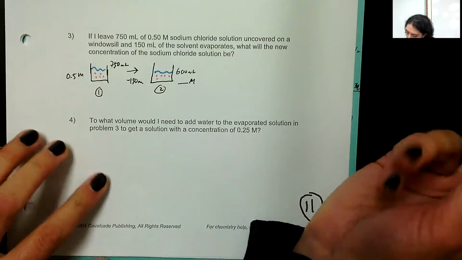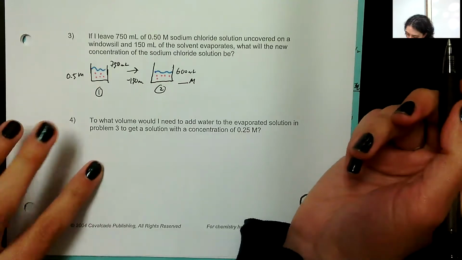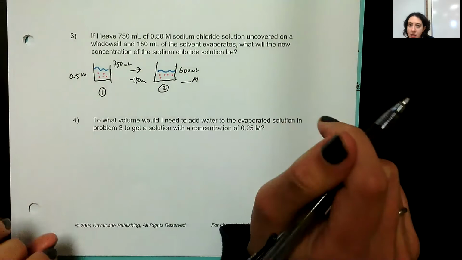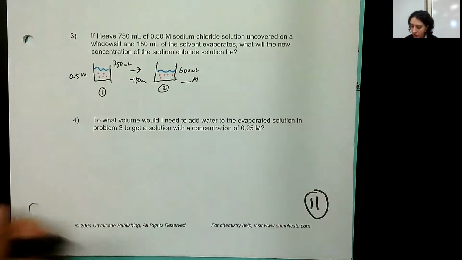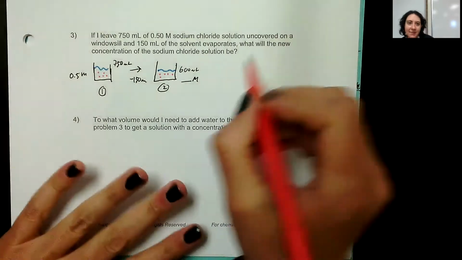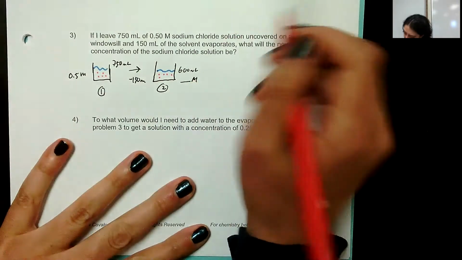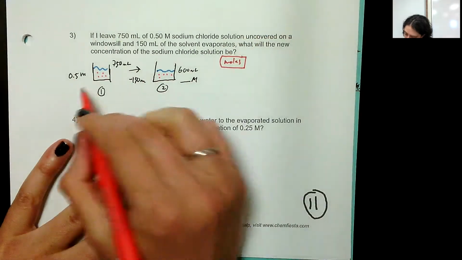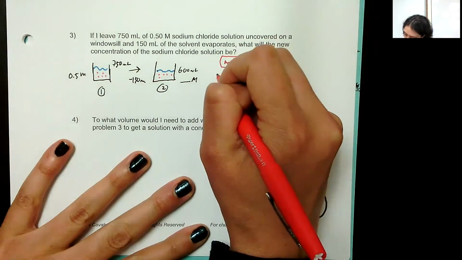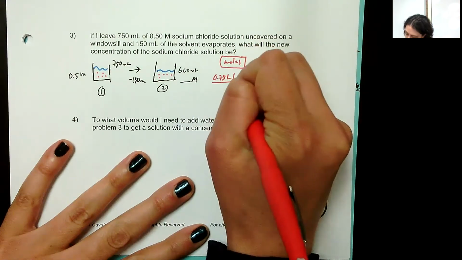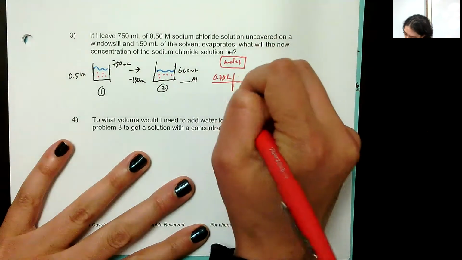So what we can do is use M1V1 equals M2V2. That would totally be fine. Maybe let's do the other method just for fun. Why not, right? So let's solve for moles first. To solve for moles, we've got 750 milliliters, which is 0.75 liters, just dividing by 1,000.